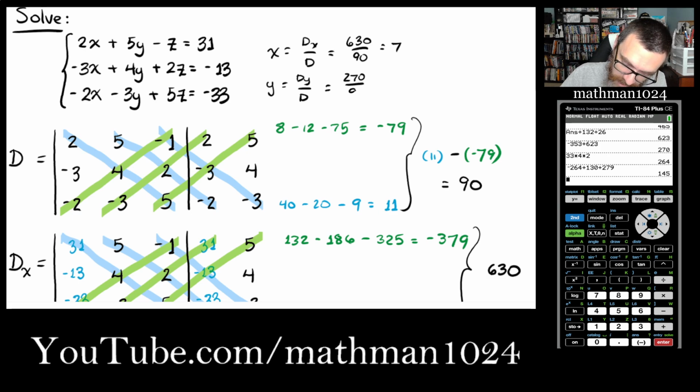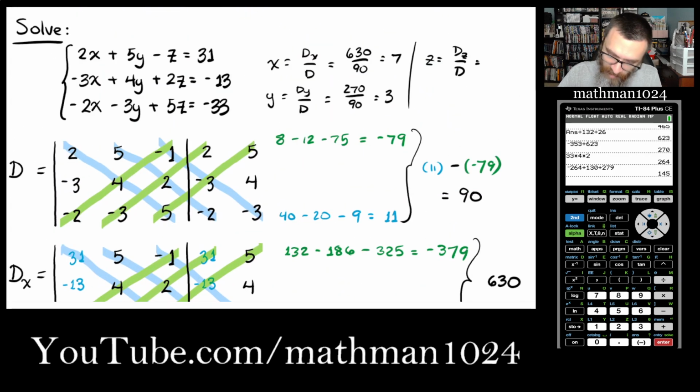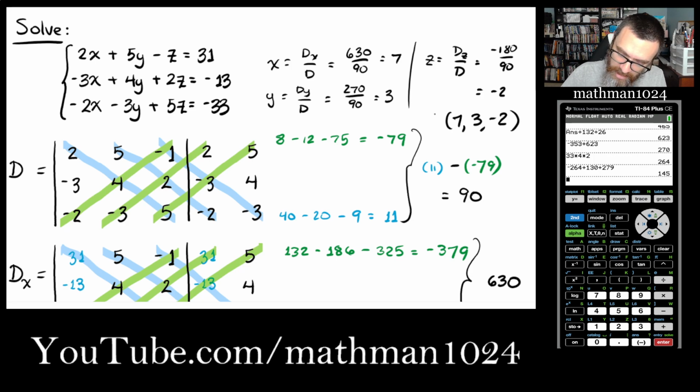So 270 divided by 90 is 3. And then z, dz divided by d, we had negative 180. Negative 180 divided by 90 is negative 2. So for this whole system, our solution is 7, 3, negative 2.